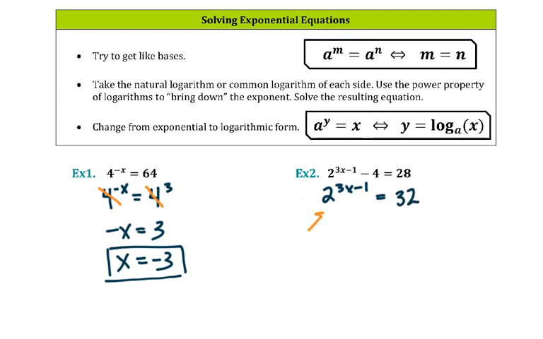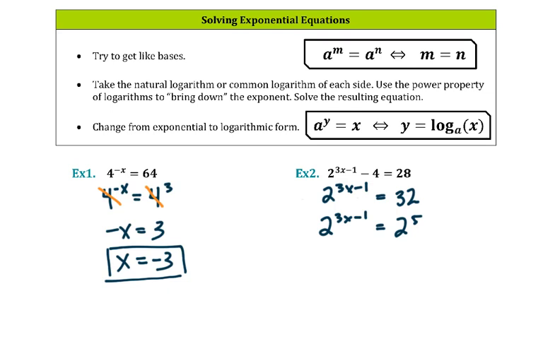So if I look on the left, I have a base 2 raised to an exponential variable power. Can I write 32 as 2 to a power? Because I'm familiar with raising 2 to powers, I know that 2 to the 5th equals 32. So on the right side of my equation, instead of writing 32, I'm going to write 2 to the 5th.